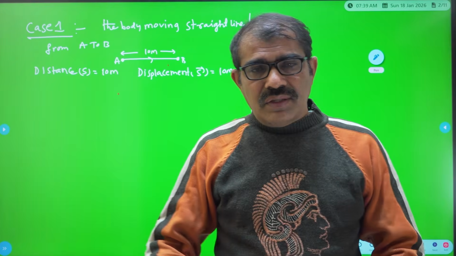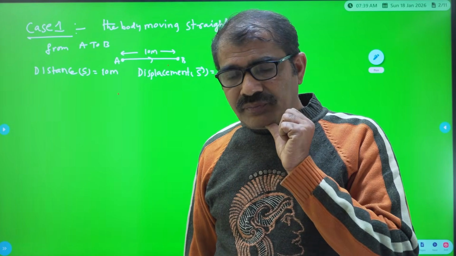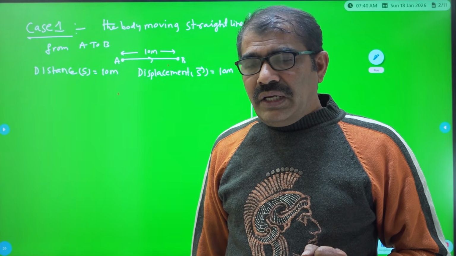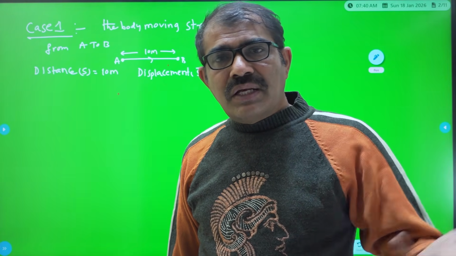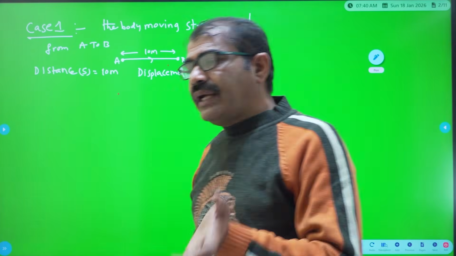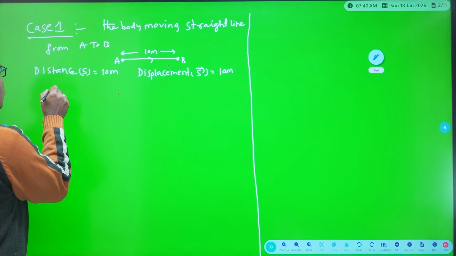Okay, now. For example, so many animals are moving, vehicles are moving, the persons also moving in a straight line path, only straight line path. Then in that straight line path, distance and displacement are equal.